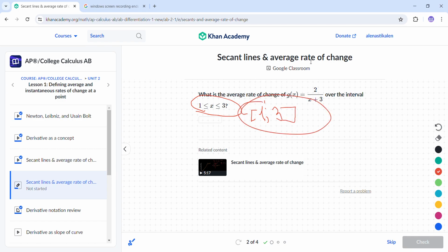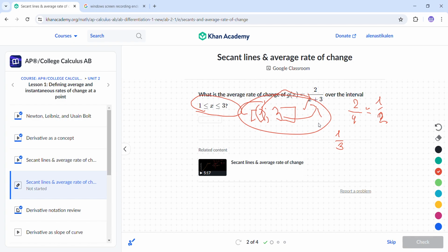Same thing that we went over. We have to take this, plug this in here, which is just going to give us 2 over 4, which is 1 over 2. One of the y values here. And 3, that would be just 1 over 3, right?